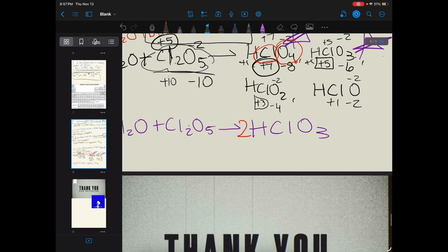So basically what that means is that if I have HClO4, we saw that the chlorine's charge would be plus 7. But then looking at HClO3, it's plus 5. Because the oxygen count reduced by 1, and then the Cl's oxidation number lowered by 2. So that's just an easy way also to double check your work and make sure that you're doing everything correctly.